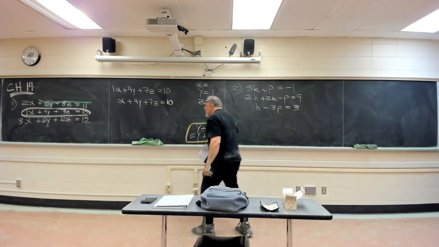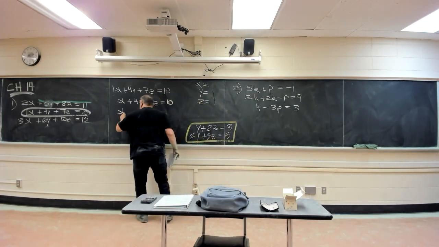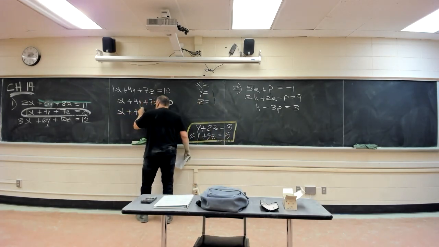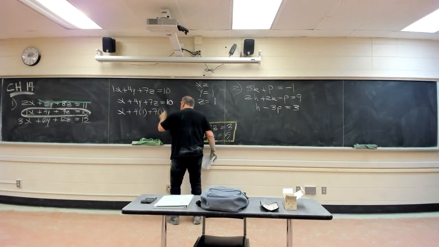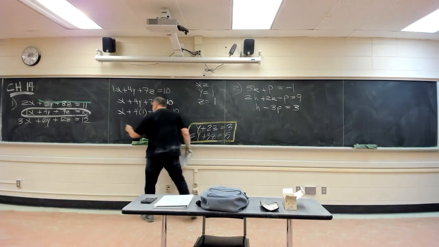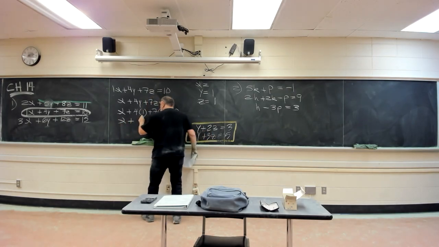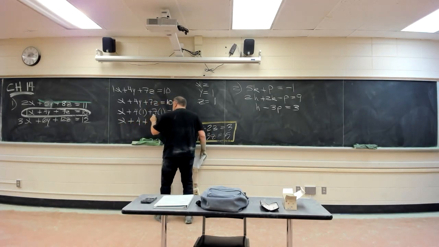Don't know what x is. I'm told that y is equal to 1. I'm told that z is equal to 1. And this is 10. 4 times 1 is 4. 4 times 1 is 4. 7 times 1 is 7.